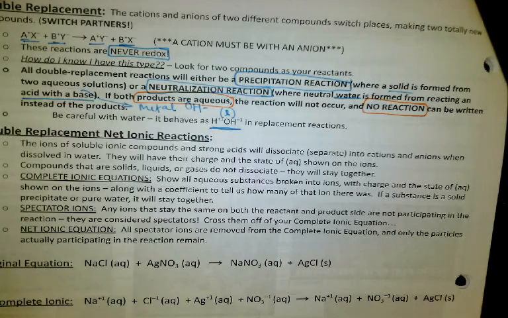Does a reaction occur? No, it's just Sprite and Coke mixed together, okay? That's the same here. If both are aqueous, they're just mixed together. Nothing was formed, okay? Solid, liquid, or gas has to be formed for a reaction to occur. So, if both products are aqueous, the reaction is no reaction.